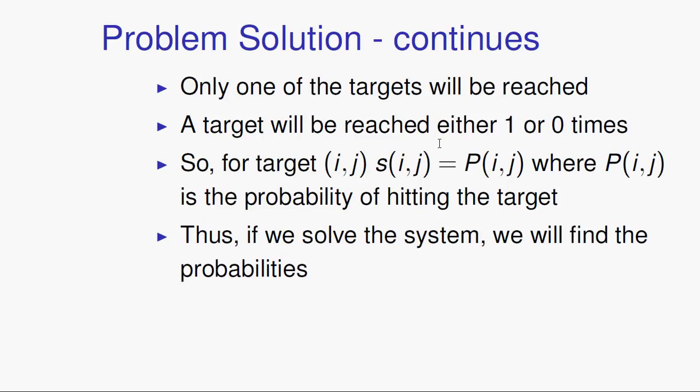So for the targets, the expectations are equal to the probabilities that we want to find. And thus, if we solve the system of linear equations and find all the expectations, we will subsequently find the probabilities of hitting each target, just copying the expectations we found for those squares.